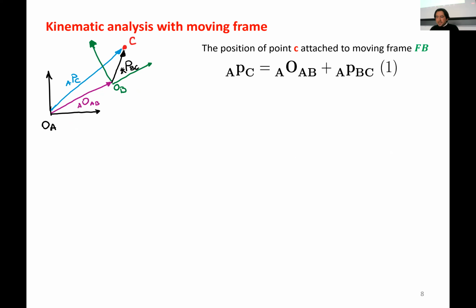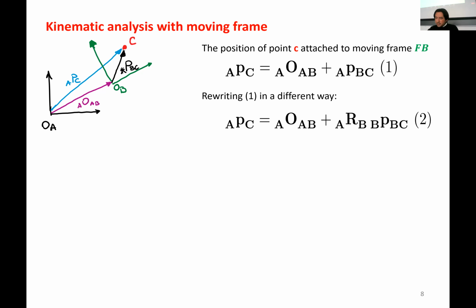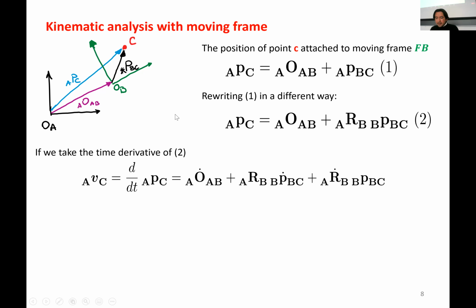So this is again our expression for the point C expressed all in A, but let's rewrite it in a different way. What I'm doing here is only expressing the vector with respect to frame B first. But of course, if we need to add them, we need to add a rotation matrix. So pre-multiply the vector by a rotation matrix to have everything expressed in the same frame. Then we can take the time derivative of this, and the first term remains the same.